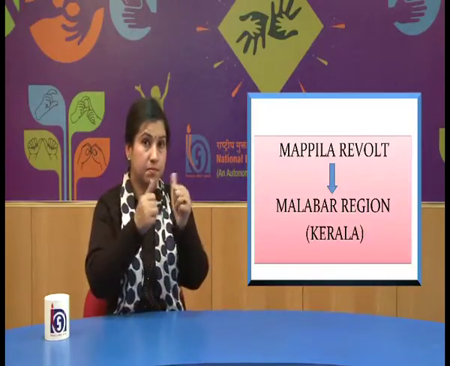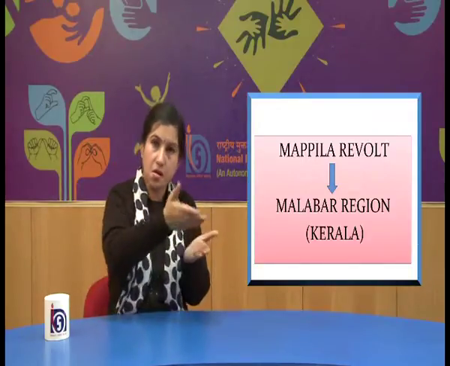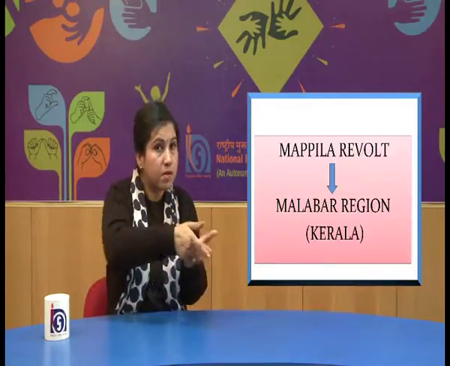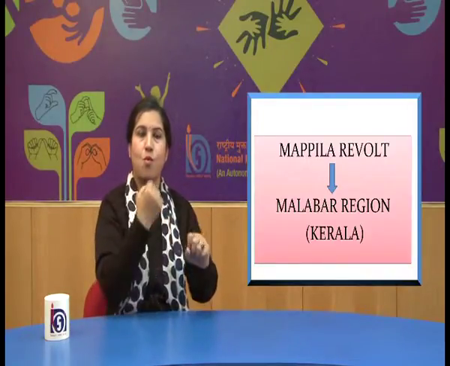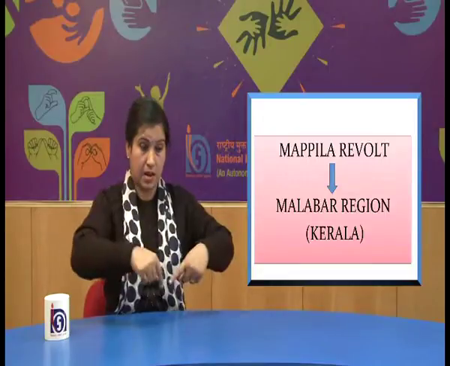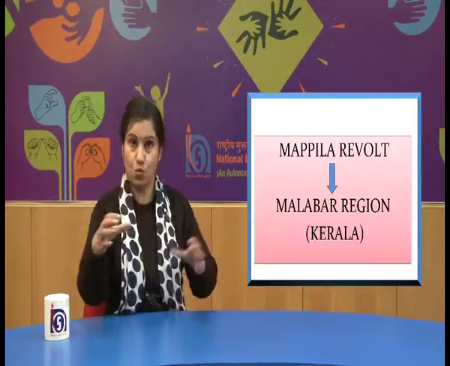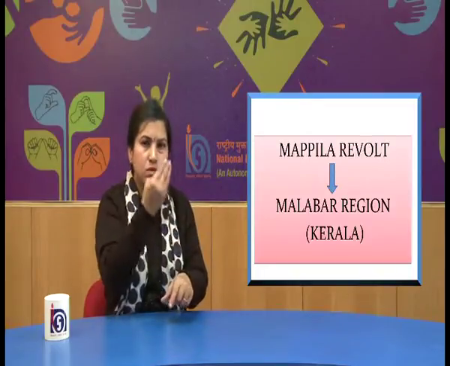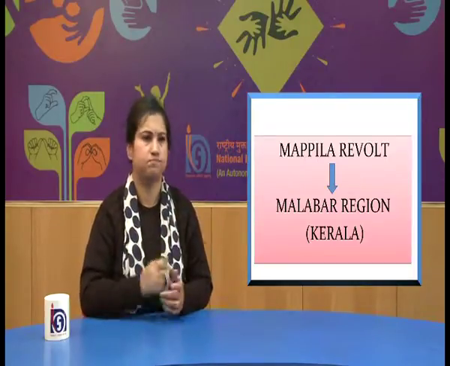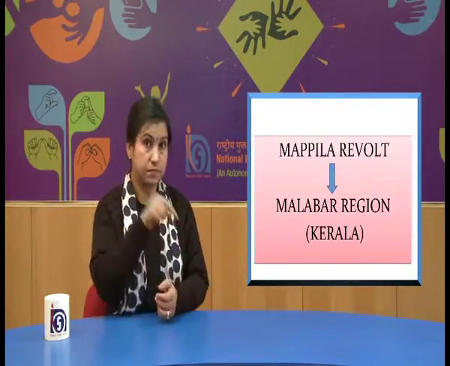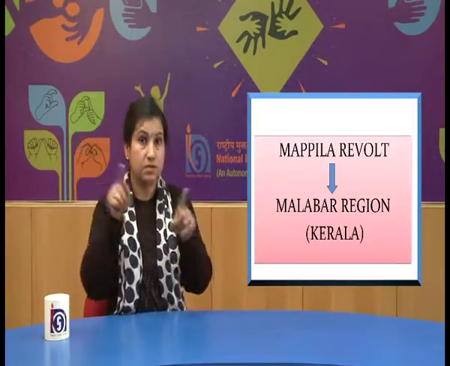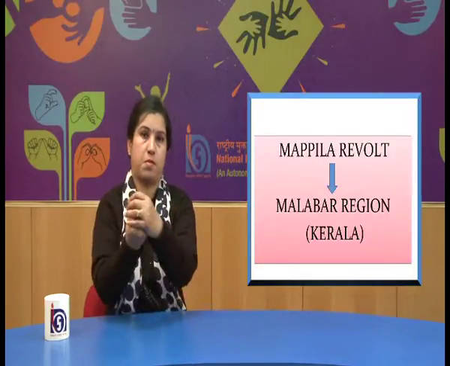The Mapilas were landless farmers. These farmers were not the owners of the land. Most of the landlords were Hindus who exploited them. Therefore, the Mapila revolt was against the Britishers and the landlords.